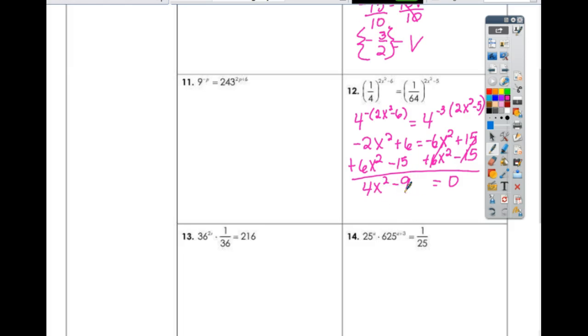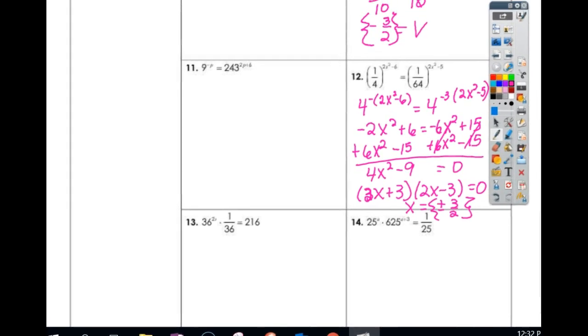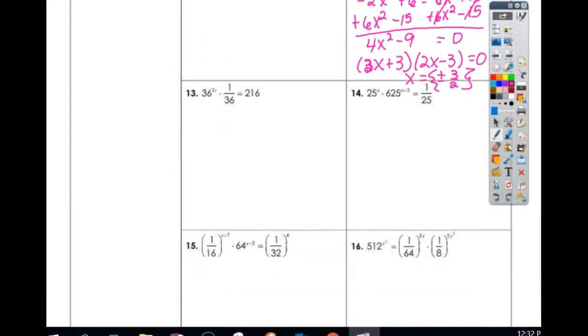And then what do I do with that? I'm going to factor, so I get 2x plus 3 and 2x minus 3. So my x is plus or minus 3/2. Okay.